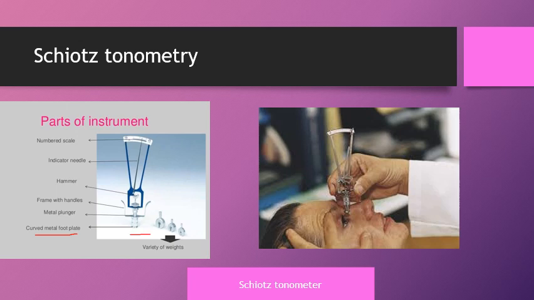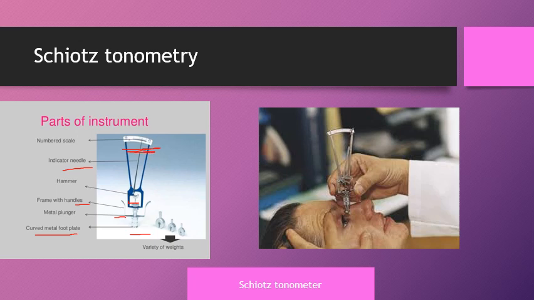Then the metal plunger. Then the frame with handles. Then there is a hammer. Then there is an indicator needle. And then this is the numbered scale, which will show the value.